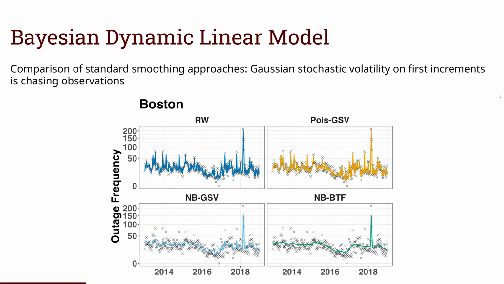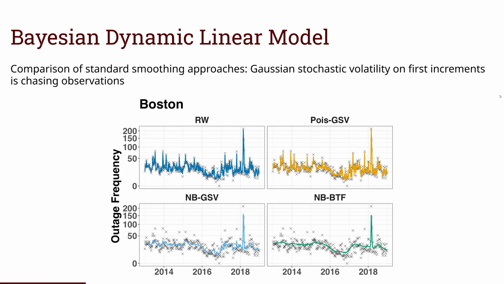And here's just a brief highlight of how these models behave when we have a lot of heterogeneity in our data or a large amount of noise. This is all the same data, just 4 different model fits, all Bayesian. The first one is that random walk. You can see it's very wiggly, very spiky, sort of chasing that noise.